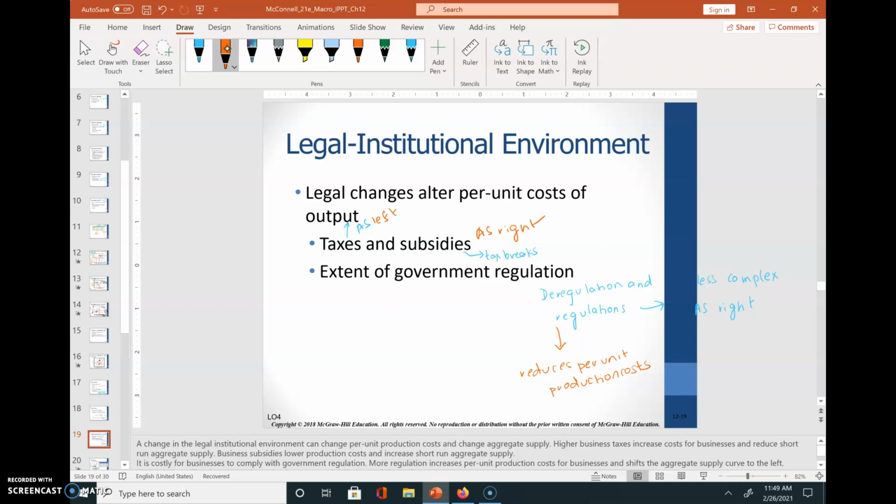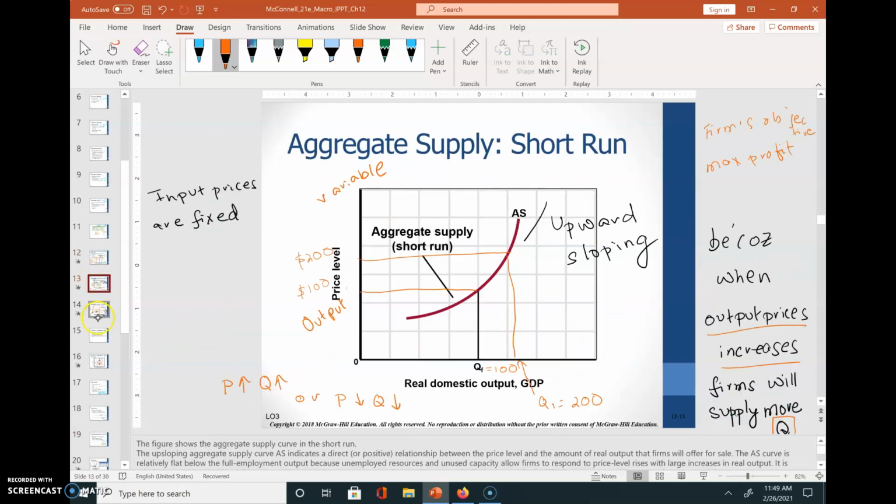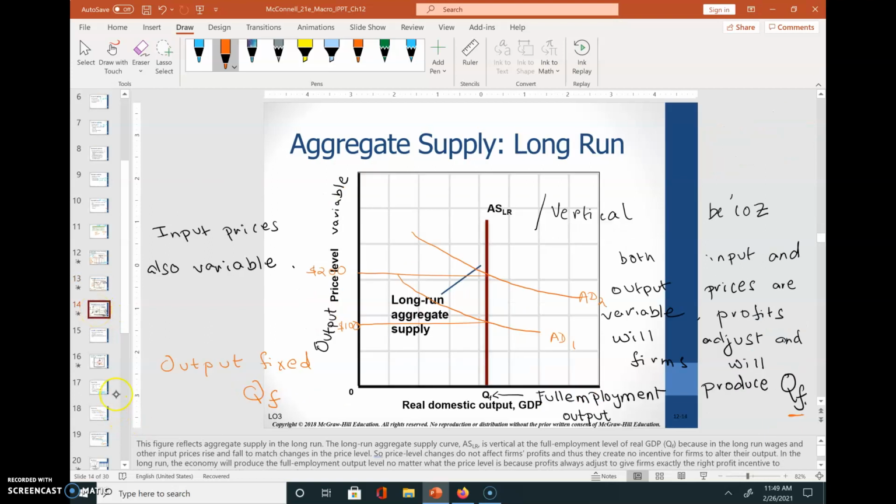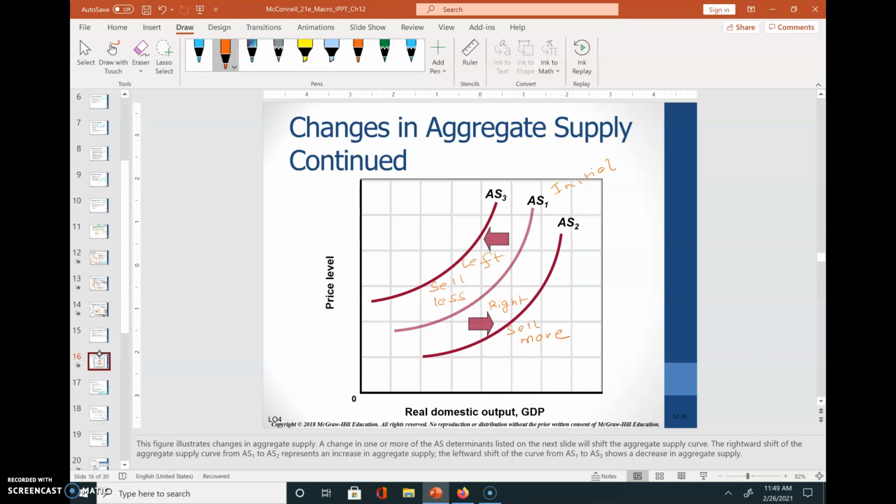Okay, that's all we need to know about the aggregate supply curve. We looked at the shape of the aggregate supply curve for different time periods, and then we looked at what shifts the aggregate supply curve to the right or to the left. Thank you very much.